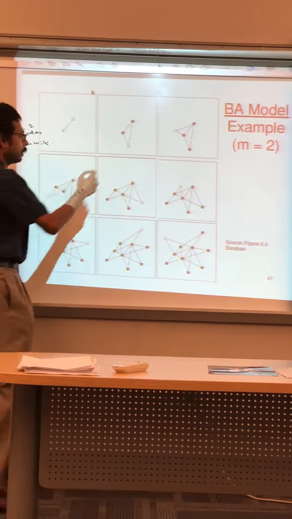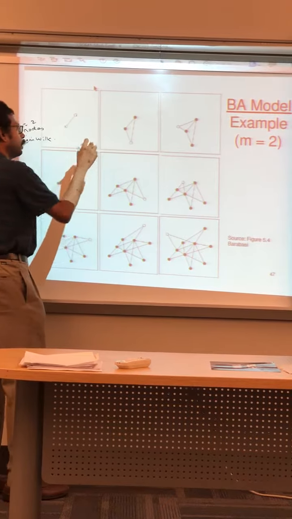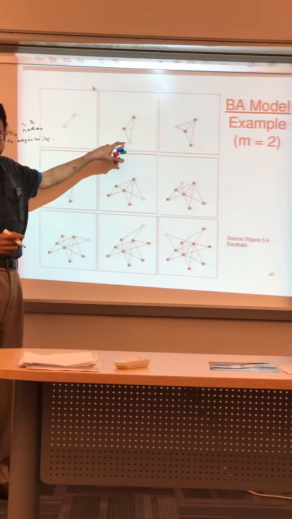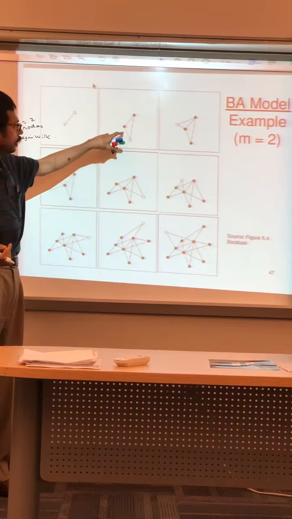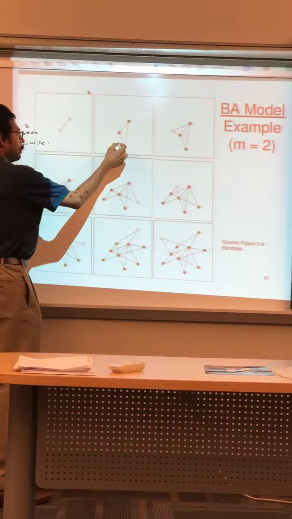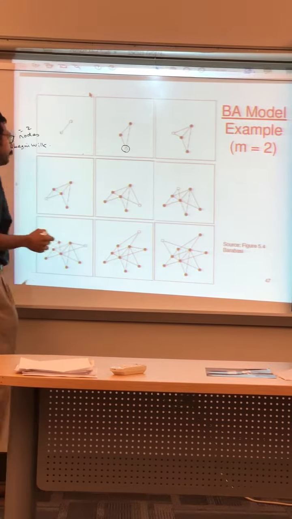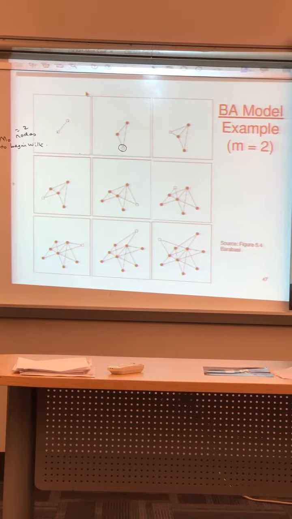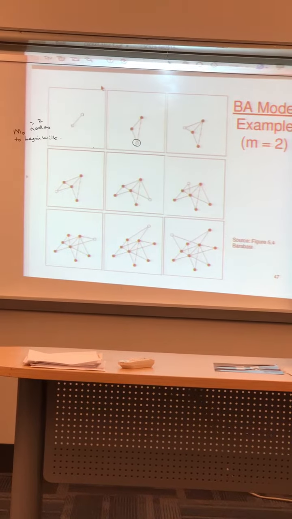So the new node comes. We indicate the new node with the white circle and the earlier nodes already there with the black circle. Each new node gets some links to the existing nodes.